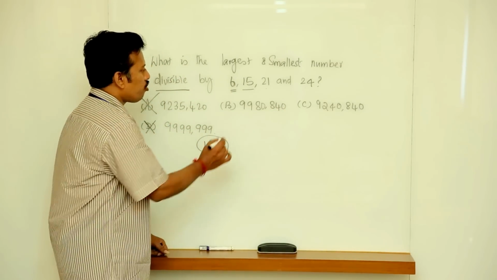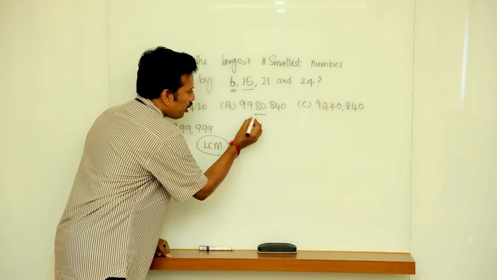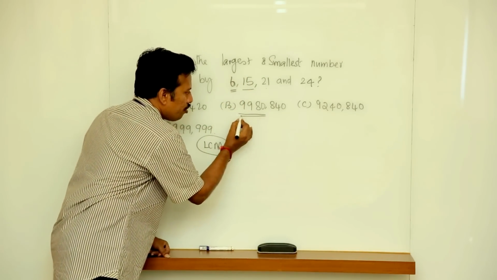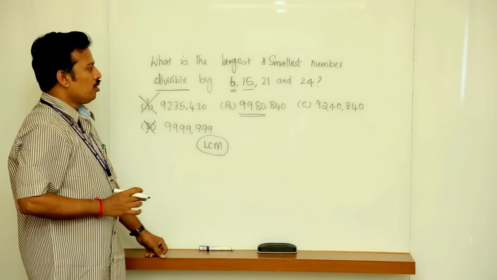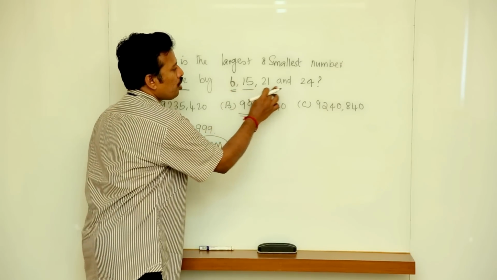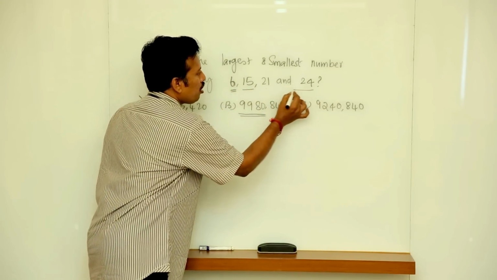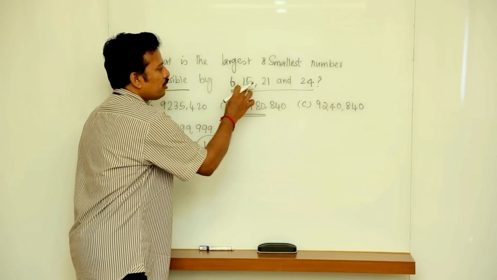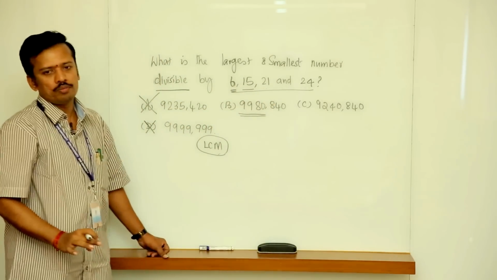We need to check whether it is possible to have this as the greatest possible value, the largest number, and the smallest number. Look at the numbers given: 6, 15, 21, 24. By looking at these numbers, we can easily identify that there is a factor 3 common to all.